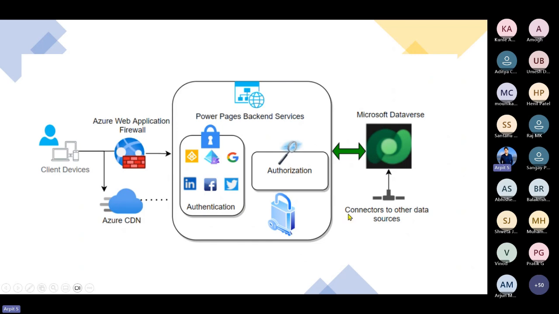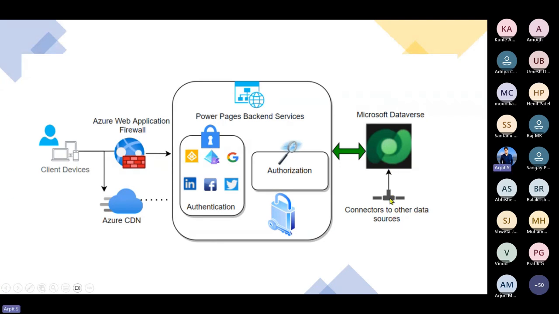Okay, and here the interesting fact is the connectors. You cannot directly create a Power Pages site on top of other data sources like SharePoint and OneDrive, but there are still a couple of ways you can interact with external data sources.